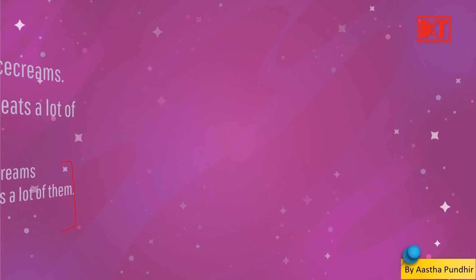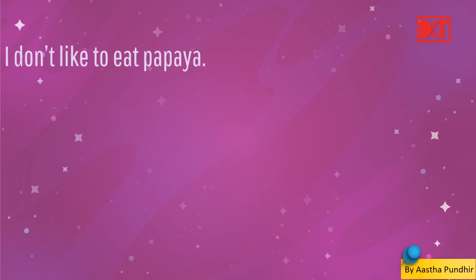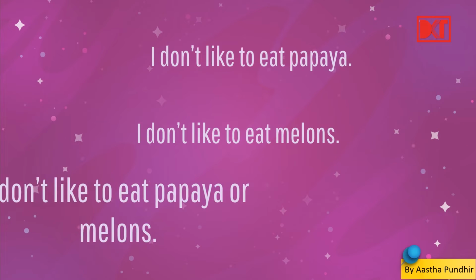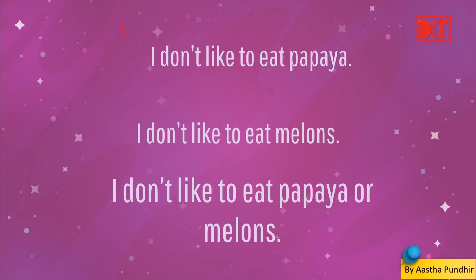I don't like to eat papaya. First sentence is I don't like to eat papaya. Second sentence is I don't like to eat melons. अब इन्हीं को हमने एक नए सेंटेंस में कैसे जोड़ा? I don't like to eat papaya or melons. कि ना तो मुझे पपाया पसंद, मुझे पपाया melons कुछ भी नहीं पसंद.